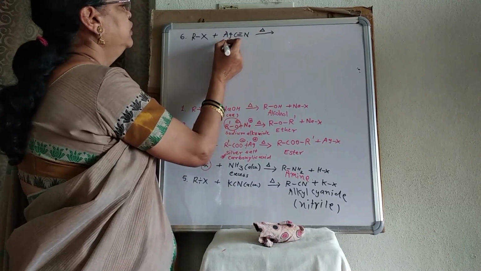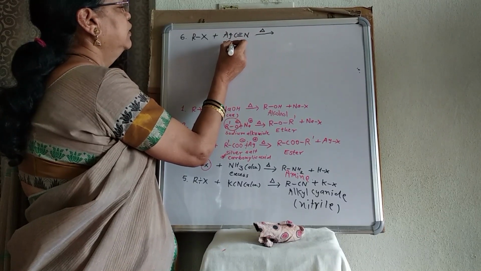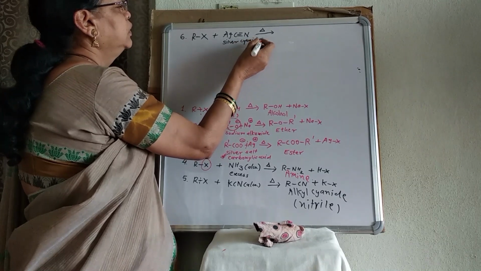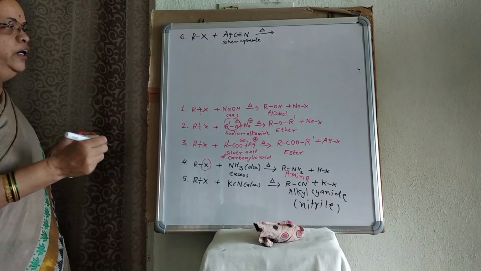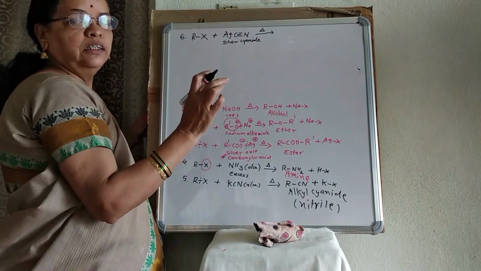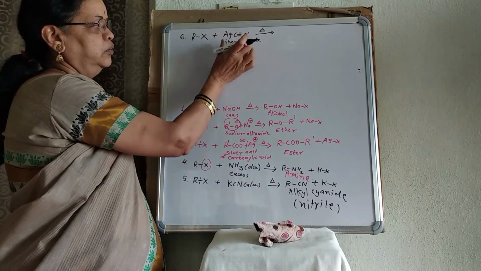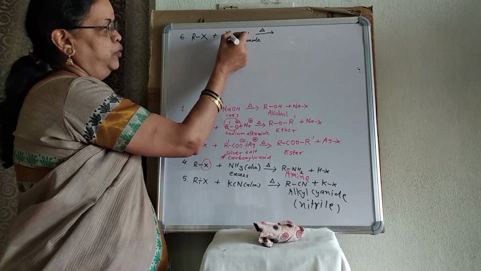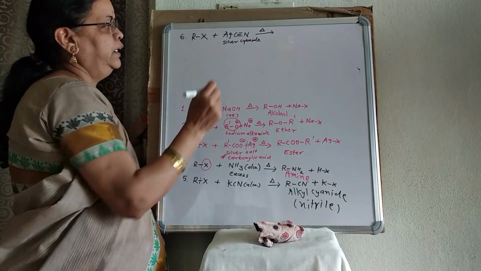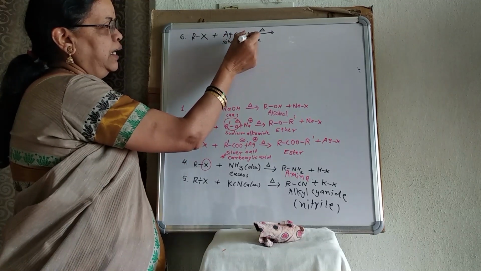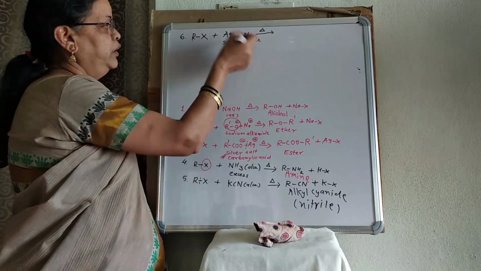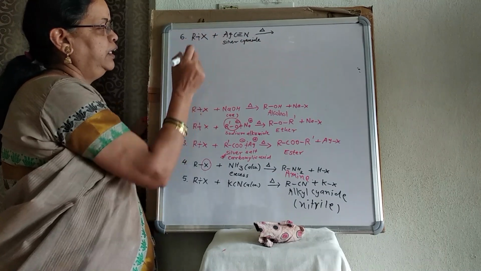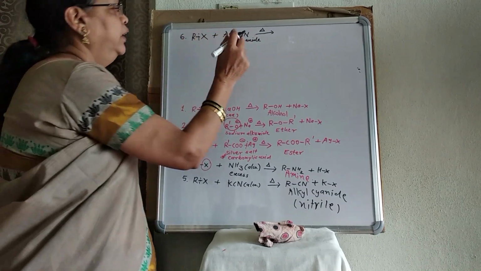This is silver cyanide. What happens in the case of AgCN? It is not an ionic compound, it is a covalent compound. The bond between Ag and CN is covalent. So carbon as well as nitrogen are both able to attach with this R group, and therefore it reacts somewhat differently.